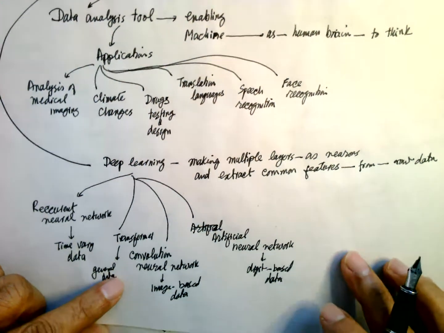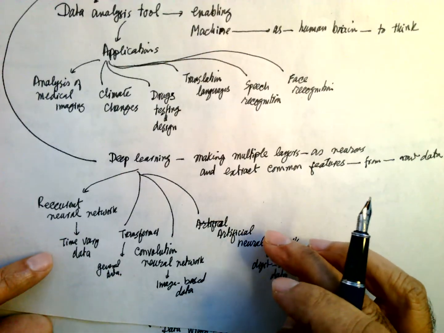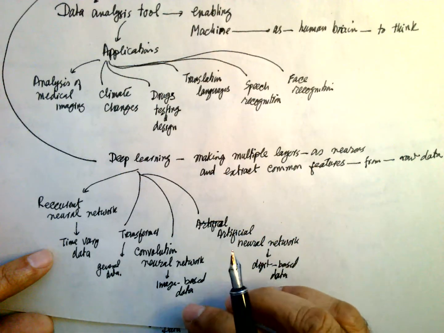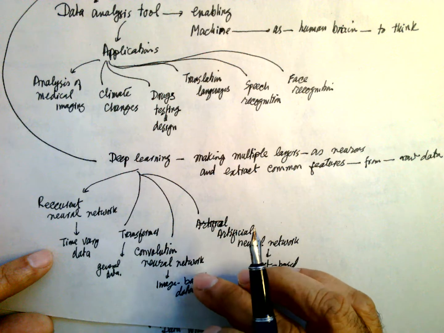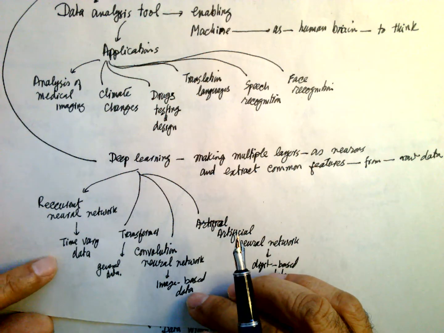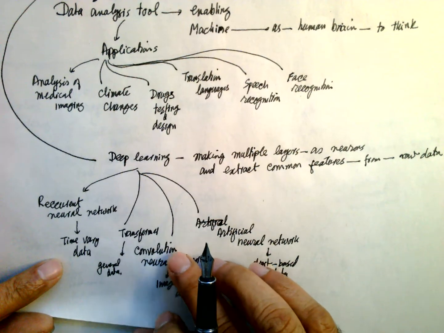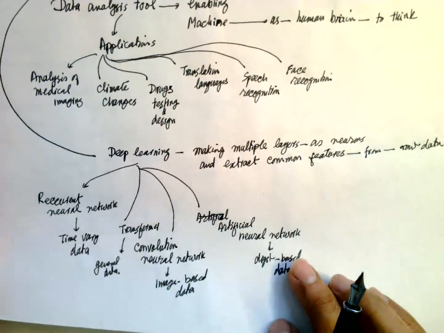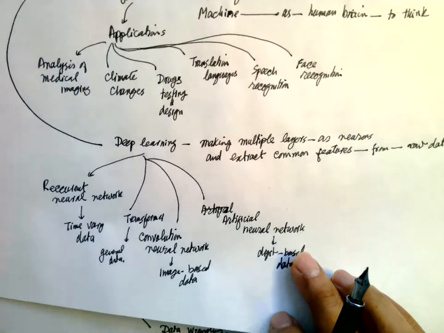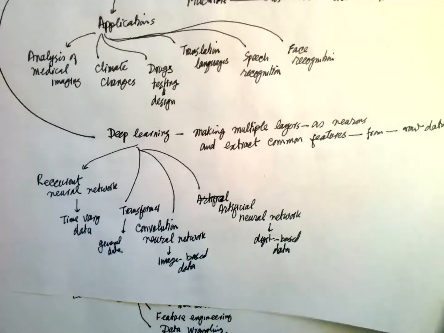So if it is number-based data, we use an artificial neural network. If it is image-based, a convolutional neural network. And if it is time-varying data, then a recurrent neural network. These are the techniques employed in deep learning as a tool.